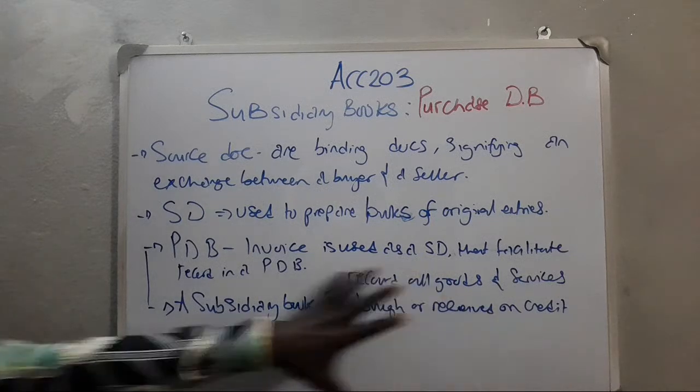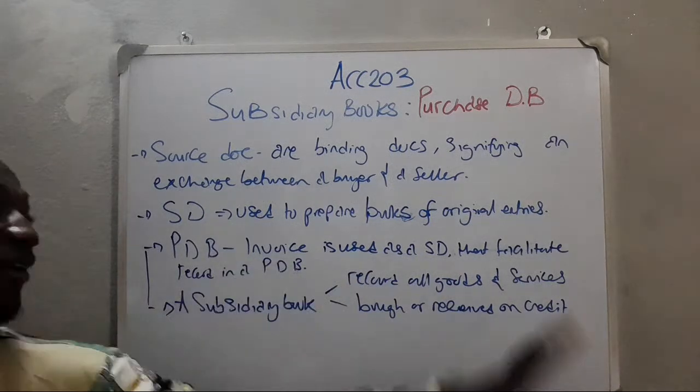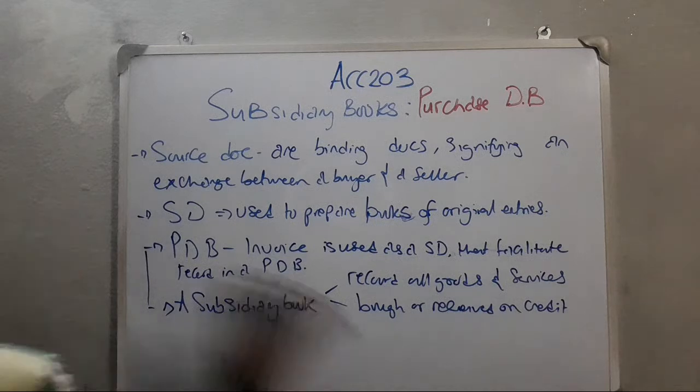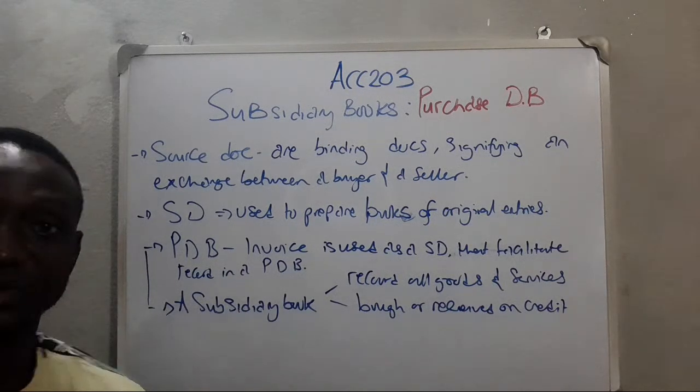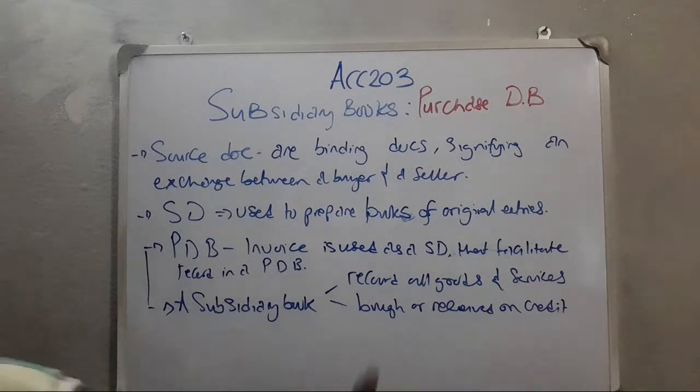To record all these things, the source document used in the purchase day book is what we refer to as invoice, because invoice has to do with records of goods or services bought or rendered on credit.